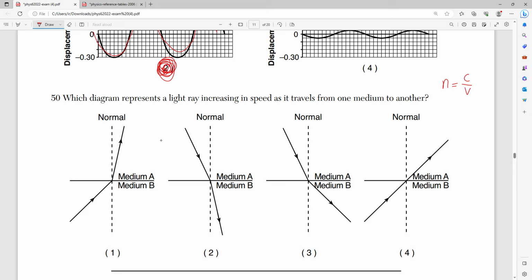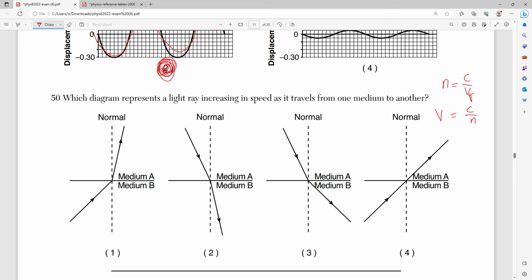If I put this in terms of v, the velocity of the wave, I know that v is equal to c over n.